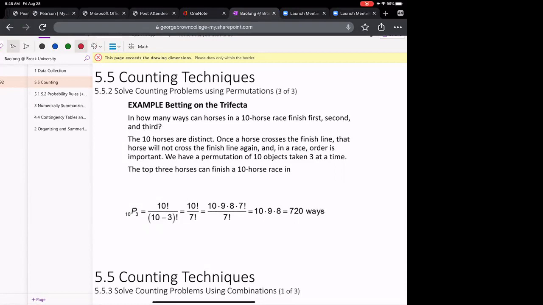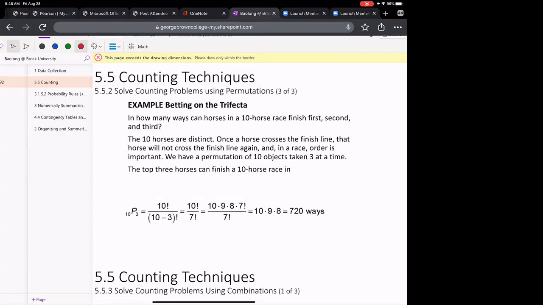And in a race, order is important. The first and the second is important. We have a permutation of n objects taken 3 at a time. This example is like selecting 3 textbooks from 10 textbooks if order is important.